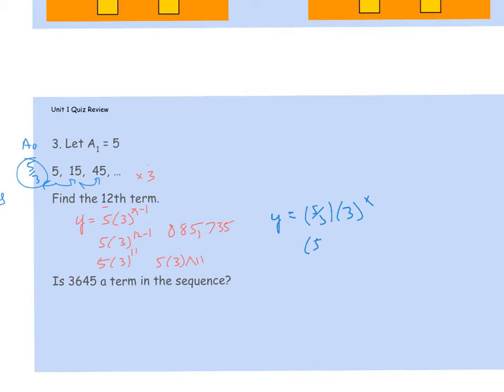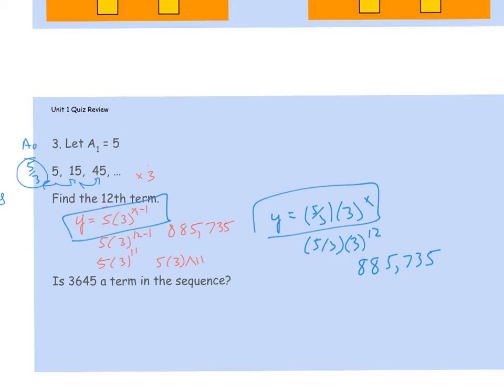So this is 5 divided by 3 times 3. Make sure that's in parentheses too. And we're going to find the 12th term. When you plug this into your calculator, you're still going to get 885,735. Okay, so you can do it this way, or you can do it this way.